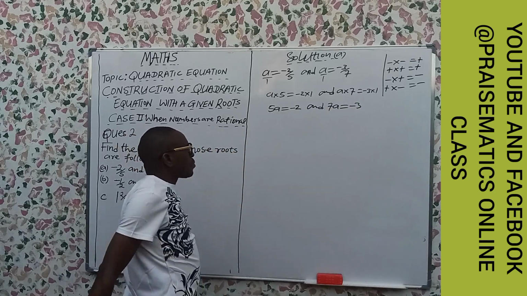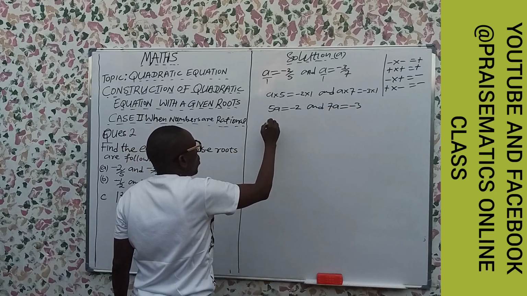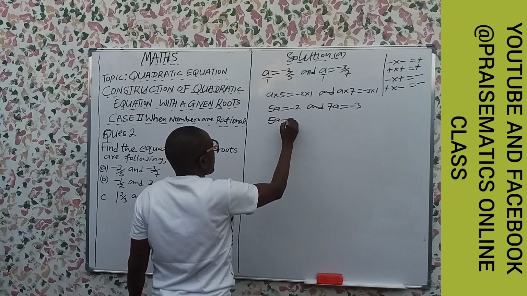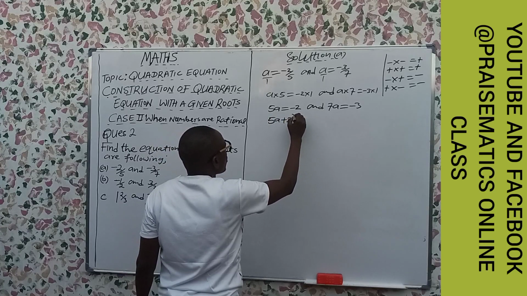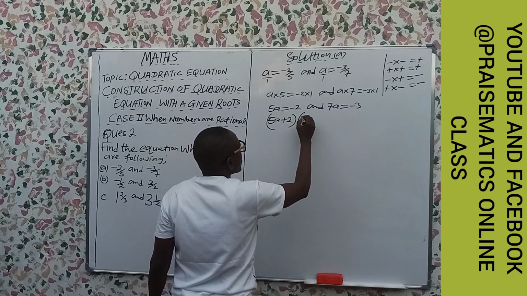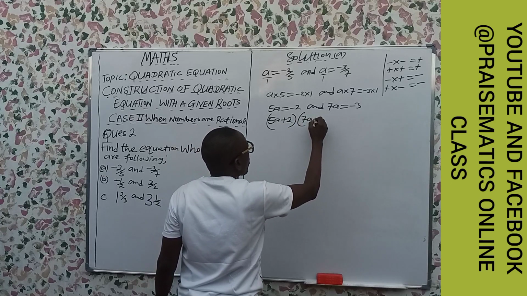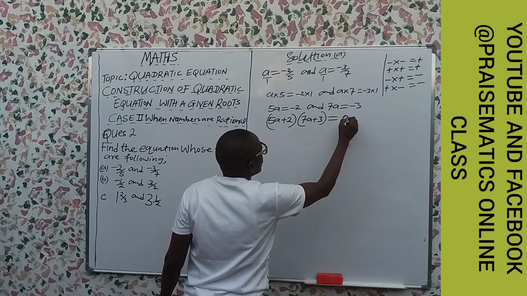Collect terms and make each equal to 0. We have 5A plus 2, and 7A plus 3, all equal to 0.